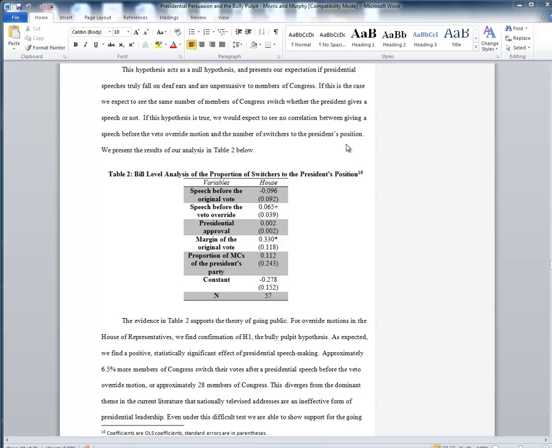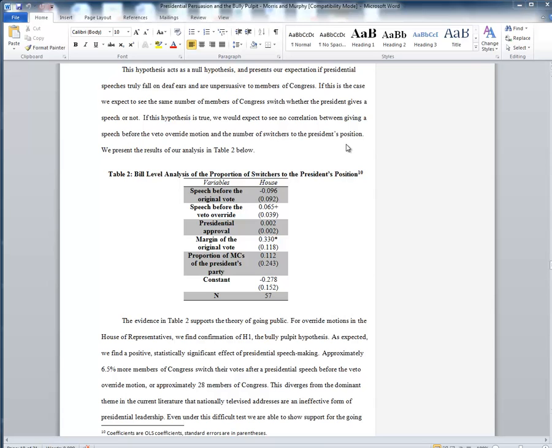The paper basically looks at when members of the House of Representatives switch their position on a veto vote. As we've talked about in the Congress lecture, you have the initial passage vote and the override vote.